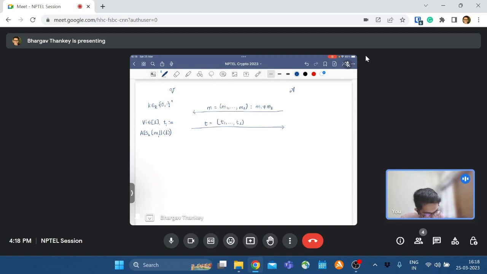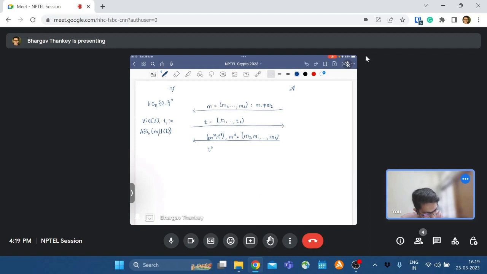Now, what the adversary does is the following. Here's how it produces a forgery, where m star is just as in the previous question, and t star is again similar: T1, T2, up to Tn.